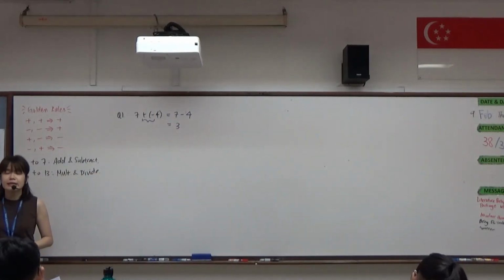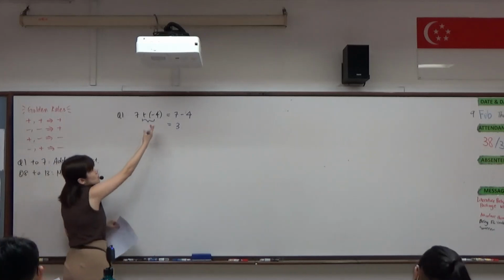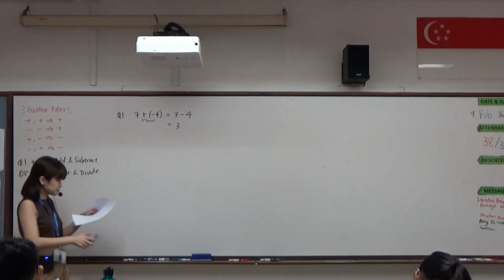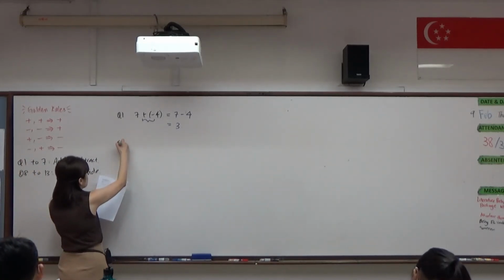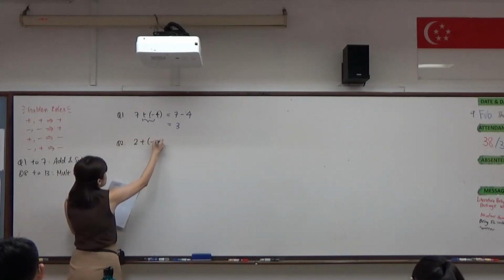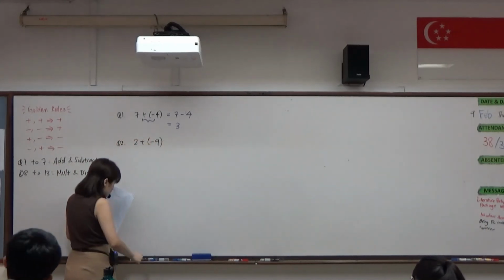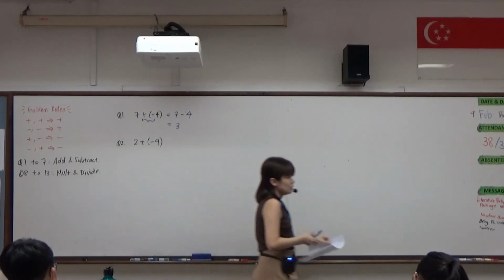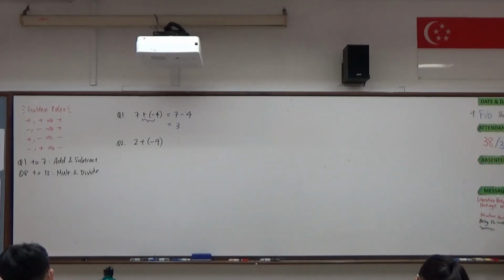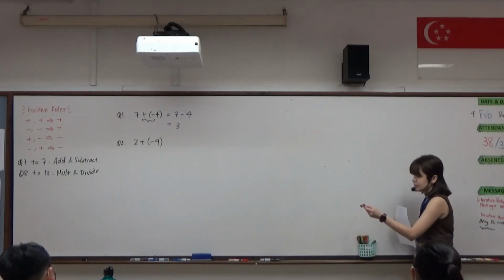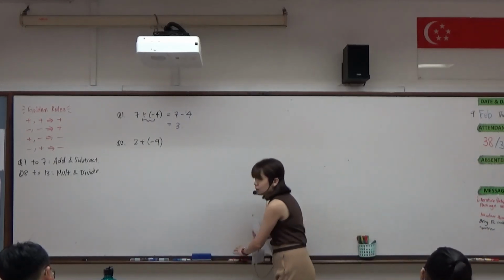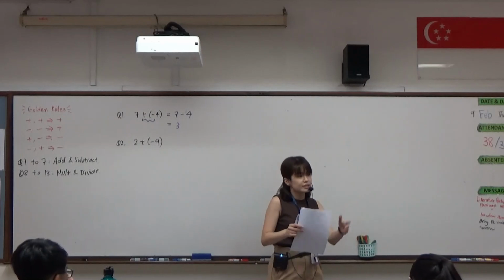So the working that's expected to be delivered should look like this. Likewise, when it comes to 2 plus negative 9, with this question here now, what should our next step be, Jin Shin? Yes.